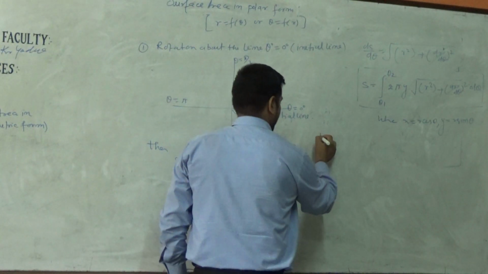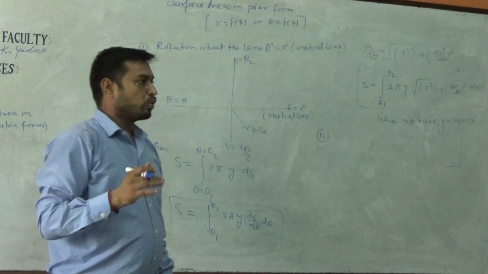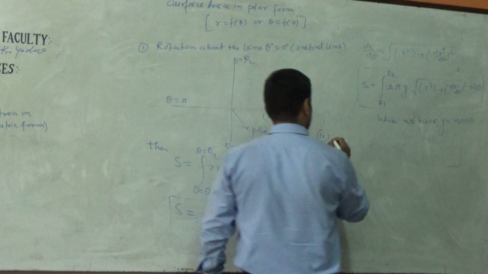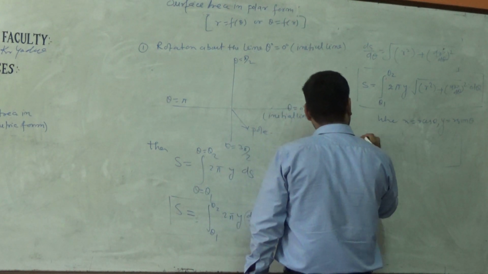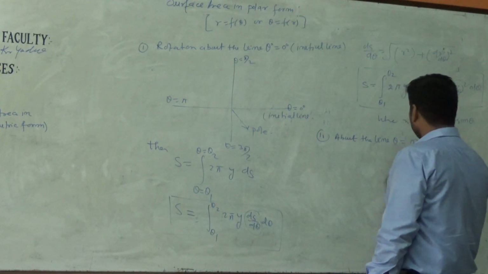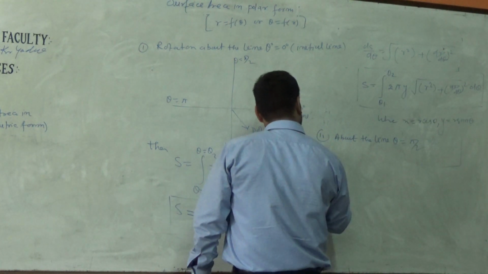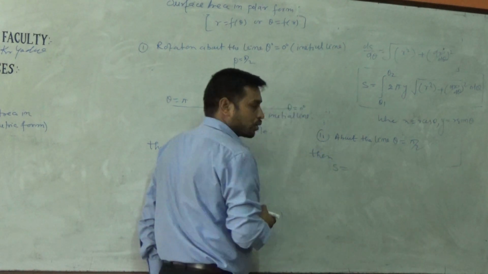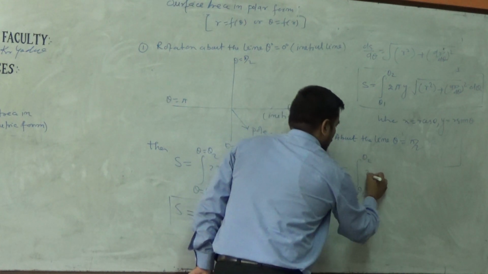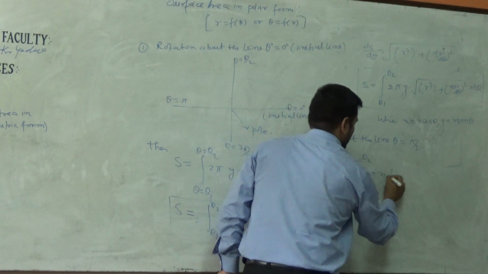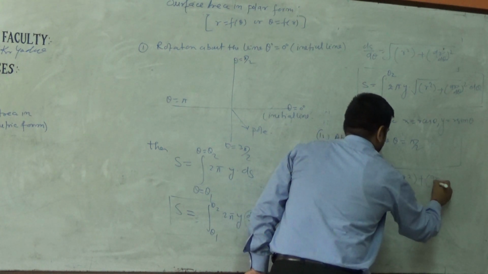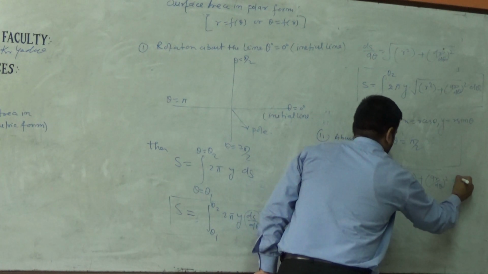Similarly, in the second case, if we take the rotation about the line theta equal to pi by 2, then the surface area equals the integral from theta1 to theta2 of 2 pi x under root r square plus dr by d theta whole square into d theta.